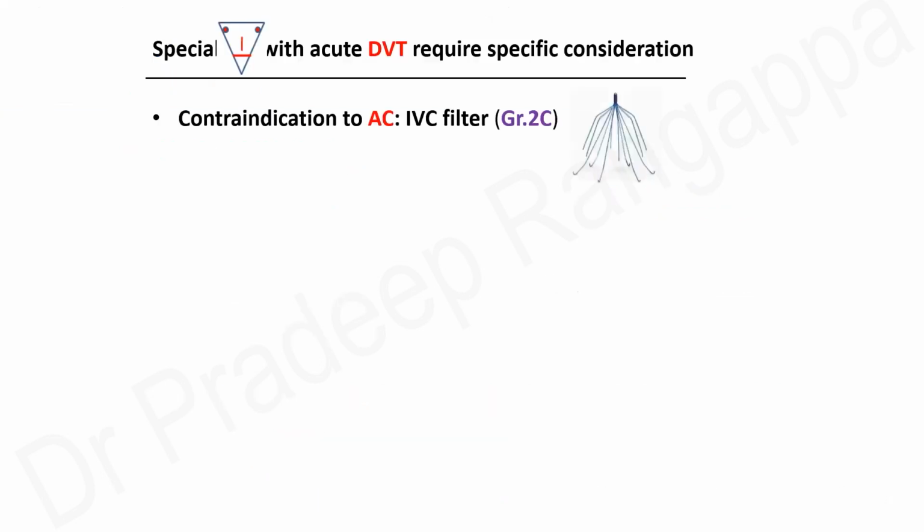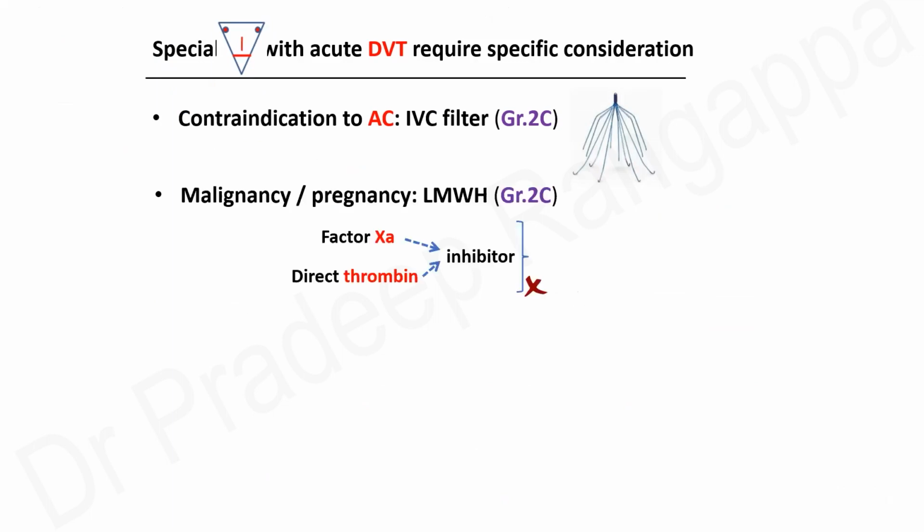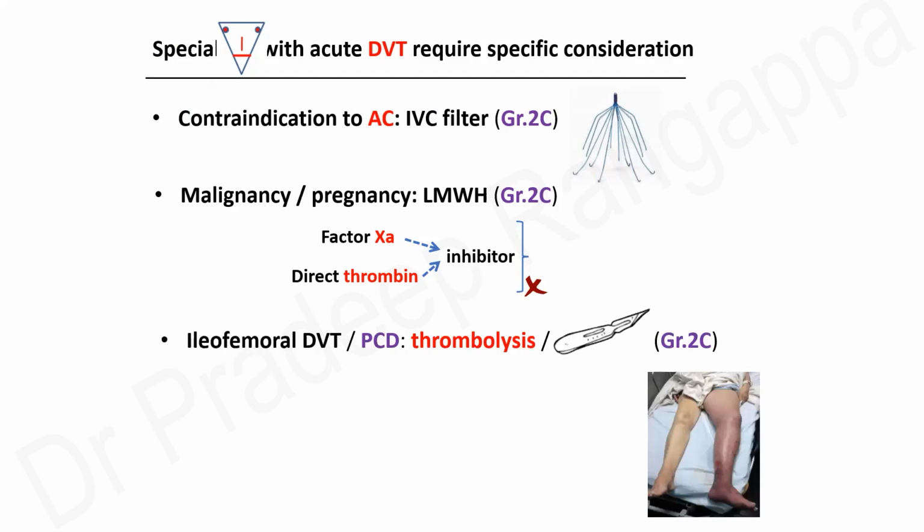So special patients with acute venous thromboembolism: as I said, if there is a contraindication for anticoagulation, then an IVC filter is something that one could consider, and you have a trial that substantiates this. In patients with malignancy or pregnancy, low molecular weight heparin is what is suggested, and all the newer oral anticoagulants like factor 10 inhibitors and direct thrombin inhibitors are not recommended in patients with underlying malignancy or pregnancy.